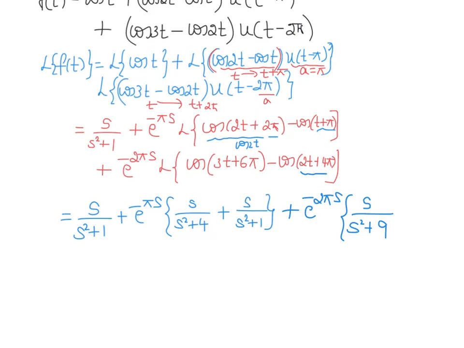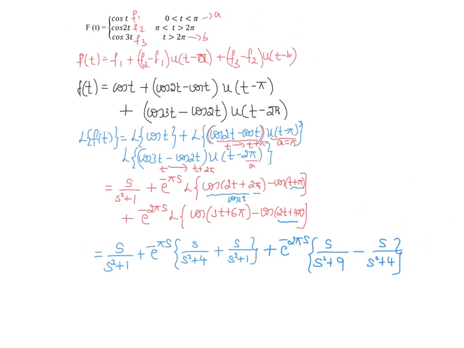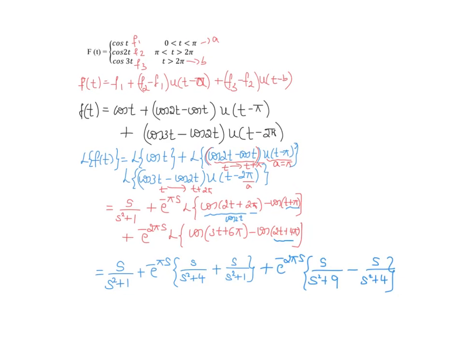In the first quadrant all the functions give a positive result. So we get cos of 2t plus 4 pi is cos 2t. So that minus sign retains. So we get s divided by s square plus 2 square, that is 4. So this is the expression of the given function in terms of unit step function and finding its Laplace transform.